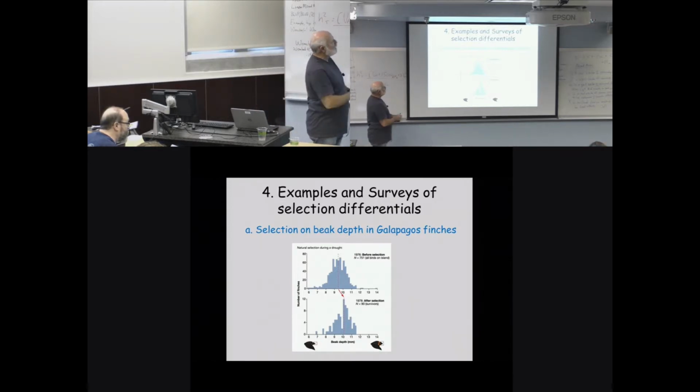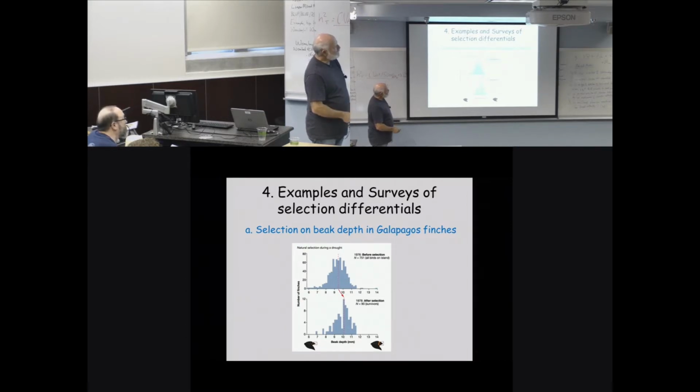Okay, let's just look at a couple of examples before we rush on to the multivariate case. Here's an example with Geospiza fortis on Daphne Major in the Galapagos. It's like our standard example from Peter Grant and Rosemary's team. This is Trevor Price doing a lot of the field work in those years.